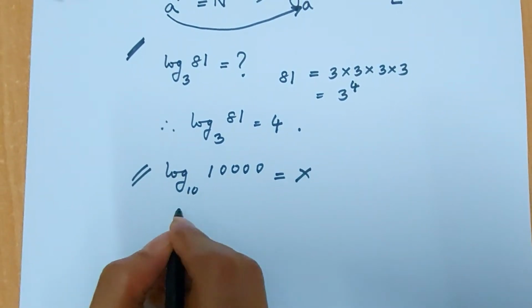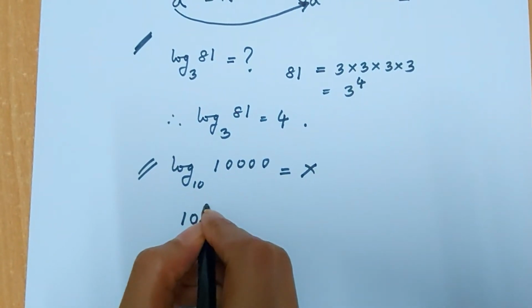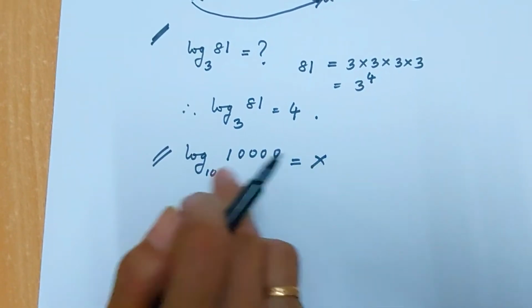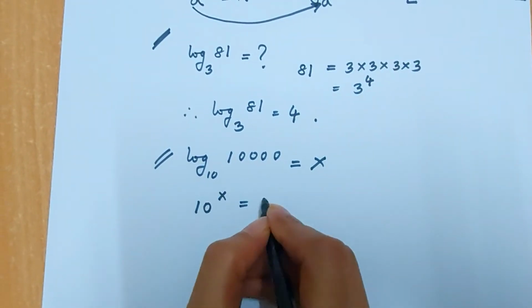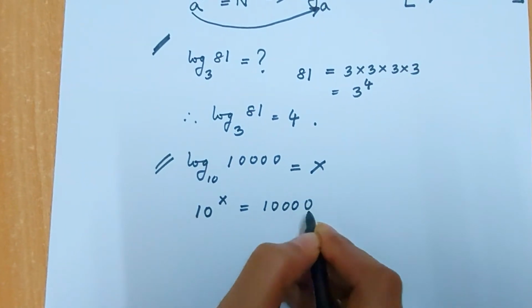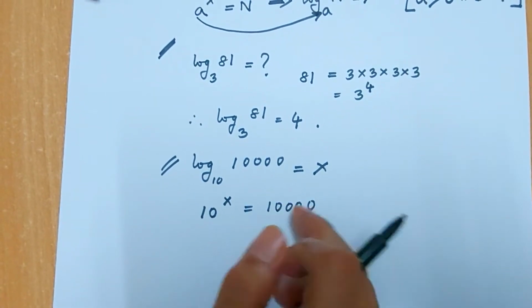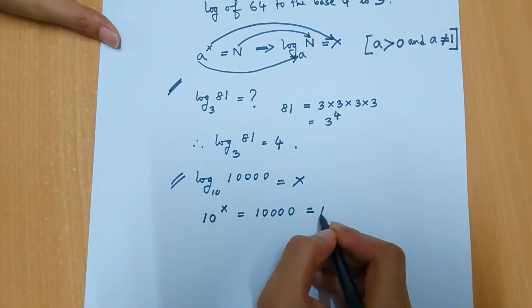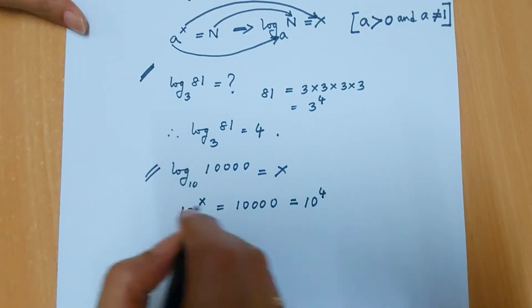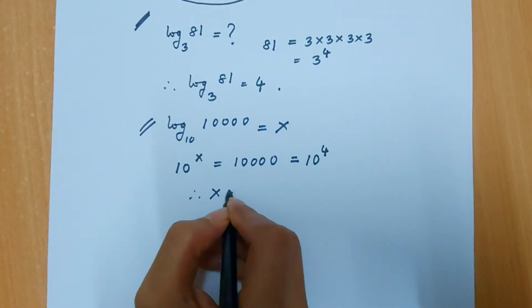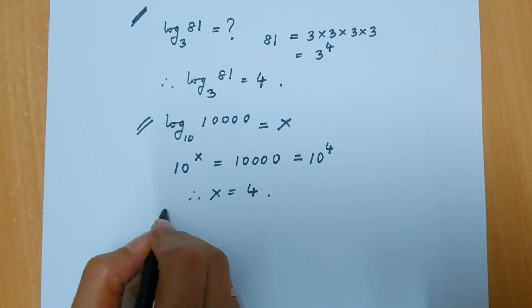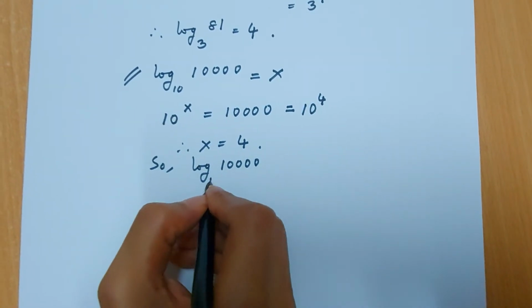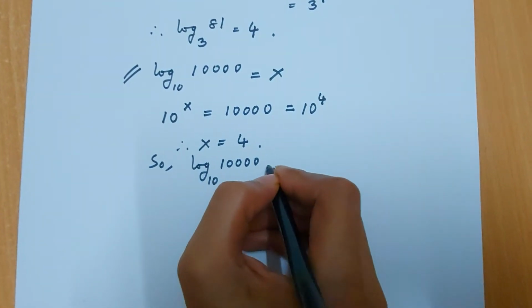We can write 10 to the power x equal to 10,000, because x is the exponent of the base. Here there are 4 zeros, that is 10 to the power 4. That means x equal to 4. So log of 10,000 to the base 10 equal to 4.